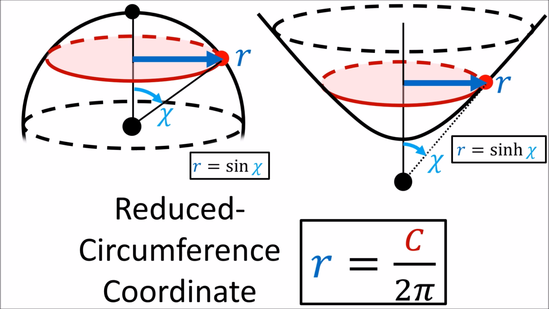And we define r to be the radius of a flat disk containing this point. r is called the reduced circumference coordinate because it's defined by taking a circumference around the origin and dividing it by 2 pi. So again, the r coordinate is not the walking distance radius from the origin to a point in curved space. Instead, r is the circumference of a circle containing that point reduced by a factor of 2 pi.